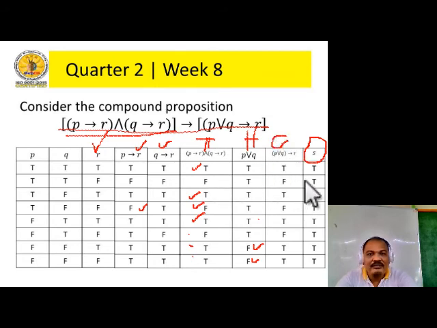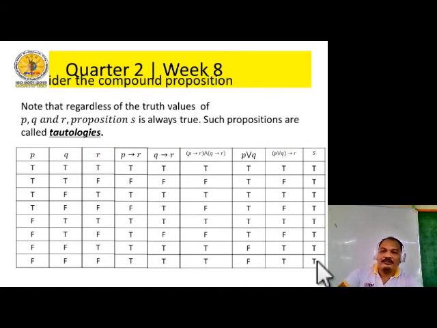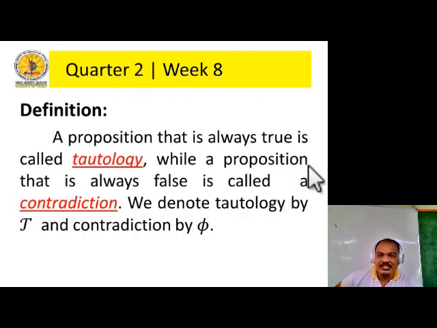Therefore, all of them will become true. And out of this concept, note that regardless of the truth values of the P, Q and R proposition, S is always true. Such propositions are called tautologies. So once we ended up with the true values all over, then meaning that is a tautology.